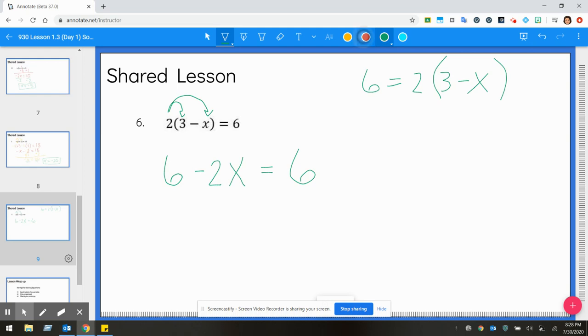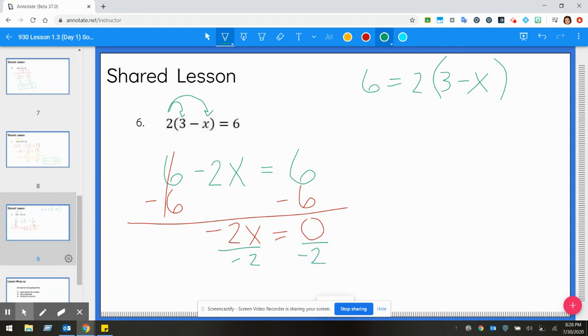Now I want to get x by itself. I'm going to go ahead and subtract 6 from both sides. I'm left with negative 2x, that cancels out, equals 6 minus 6 is 0. In order to get x by itself, I'm going to go ahead and divide both sides by negative 2.